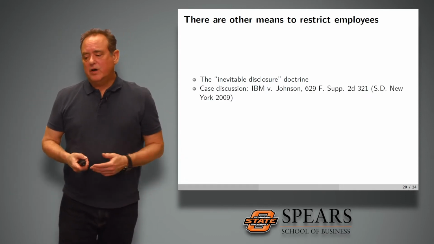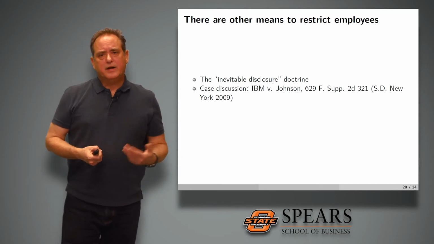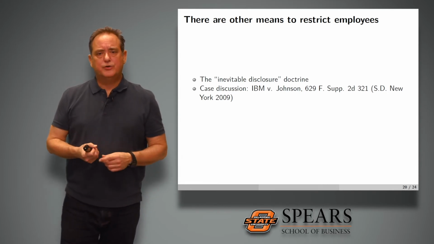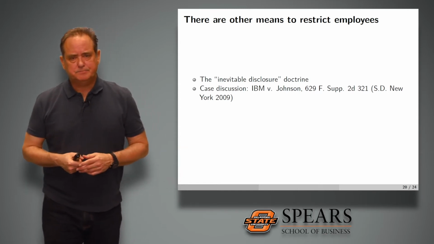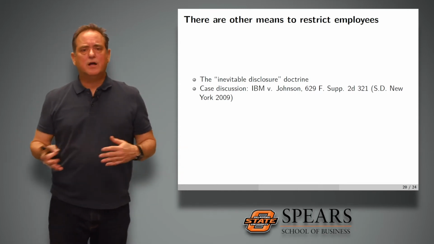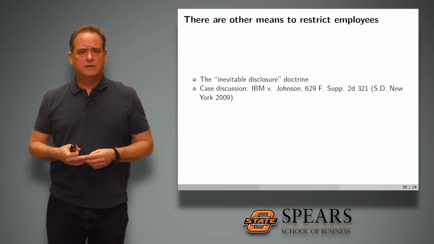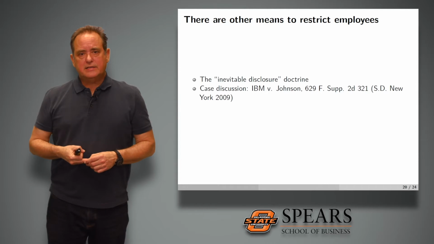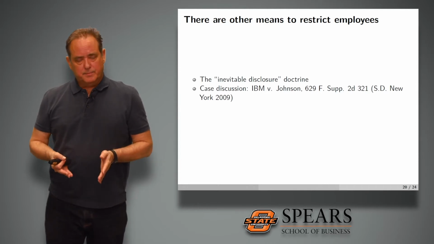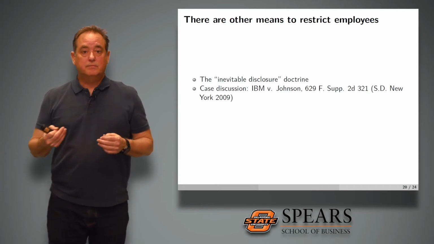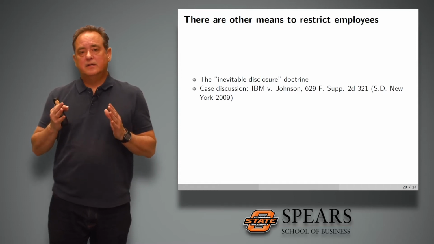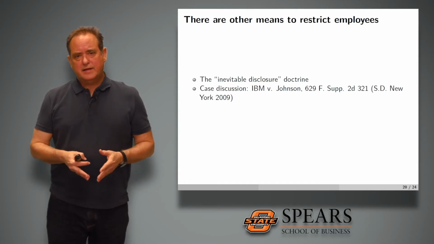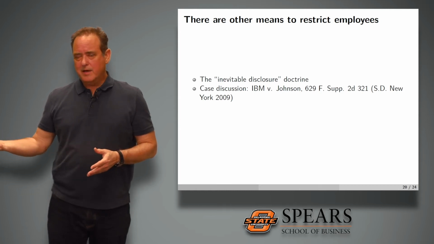The case on this involves IBM and one of their employees who left to go to work for another company, a competitor to IBM. Now, there was no non-competition agreement between IBM and the former employee. Nevertheless, when the employee started the new job, he was sued by IBM, saying that the information you gained at IBM is going to come out at the new job.